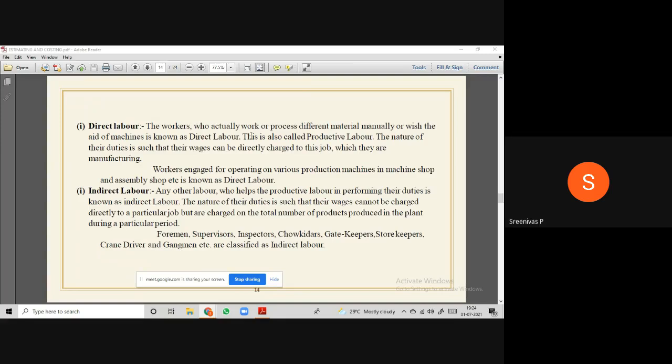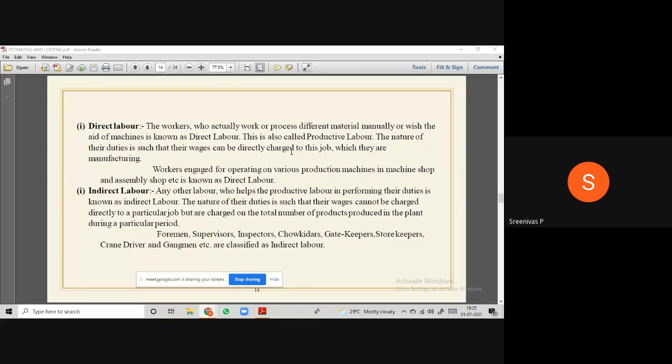The workers who actually work or process different materials manually or with the aid of machines are known as direct labor. The persons who are engaged in operating various production machines in the machine shop or assembly shop, etc., are known as direct labor.